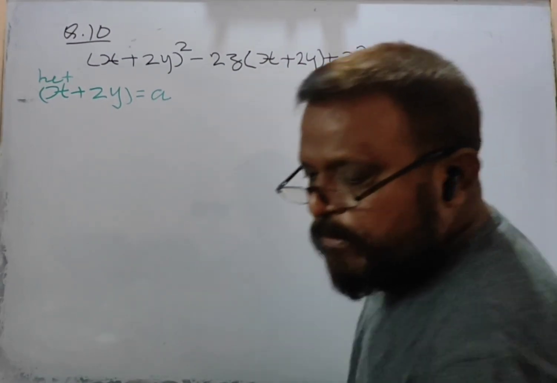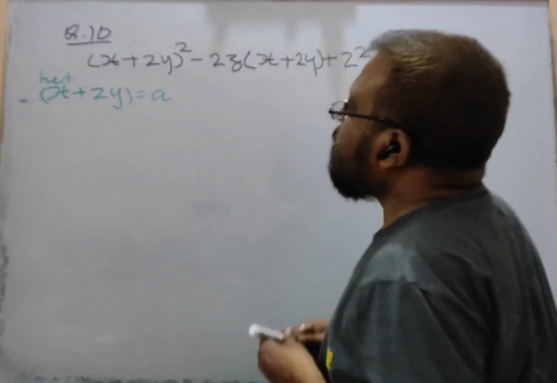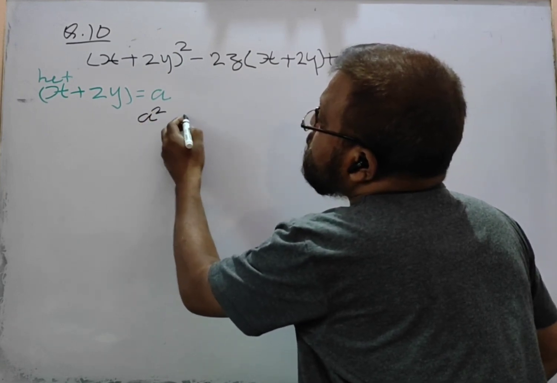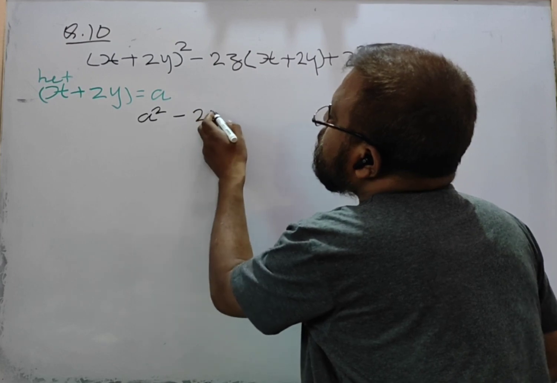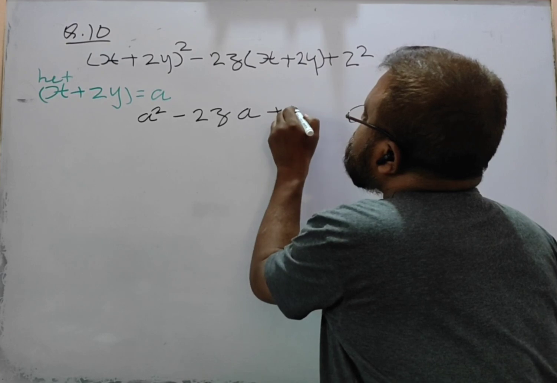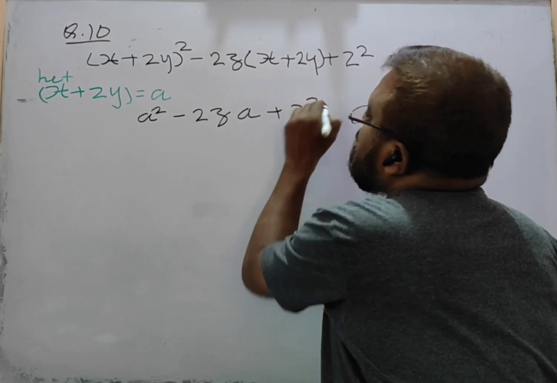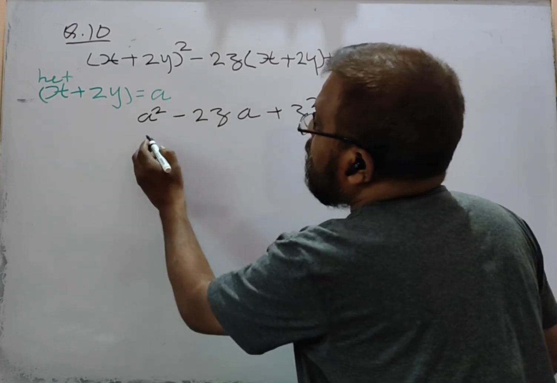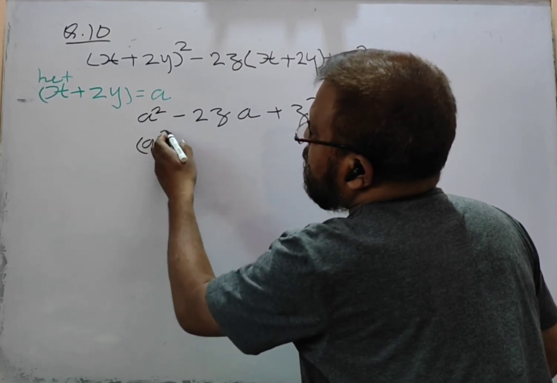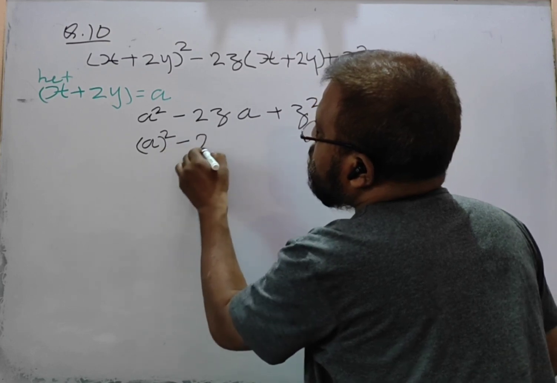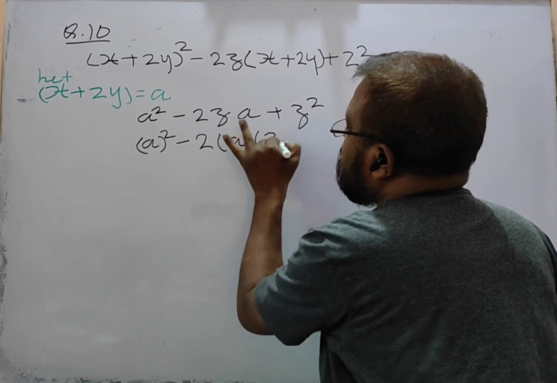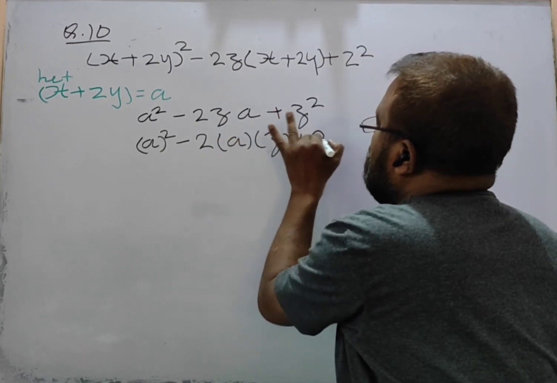So now we can write it a square minus 2za plus z square, right? Or if I write a whole square minus 2 a into z plus z square.